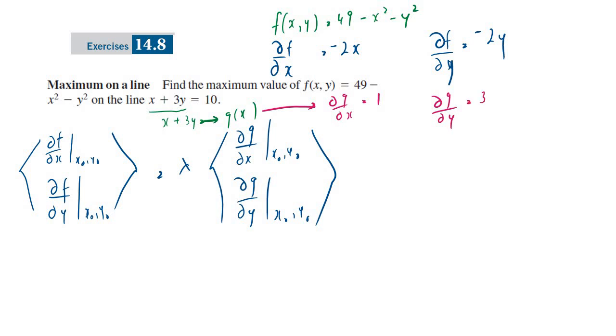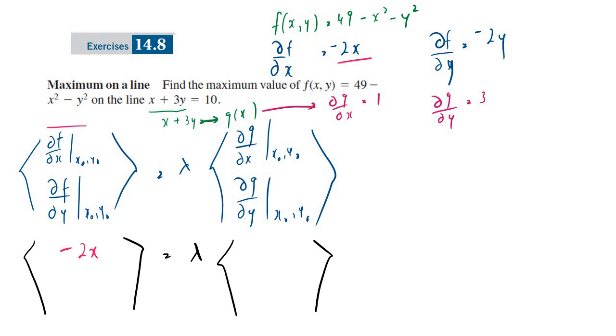So let's substitute that. We have the gradient vector equal to lambda times the gradient vector. This value with respect to x is written in pink: minus 2x, and with respect to y, written in green, minus 2y.